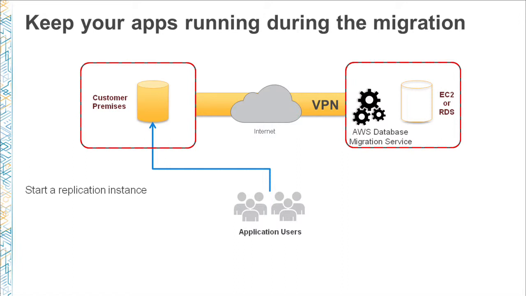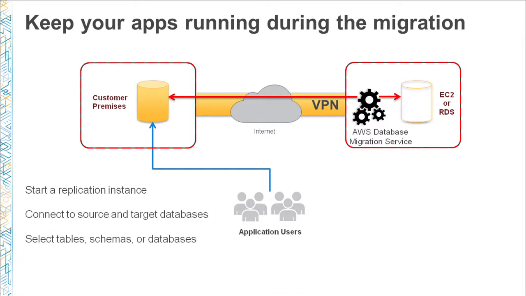It's just like an RDS instance, where you say, I would like an M4 large migration service, and you start it up in your VPC. Once you do that, you say, here's my source database, here's my destination database, bam, you've got those connected. Then you select what tables you want. You can take everything, or just some databases, some tables, whatever you'd like.